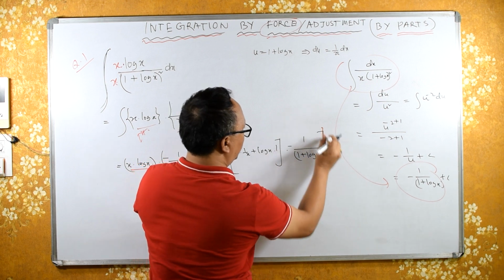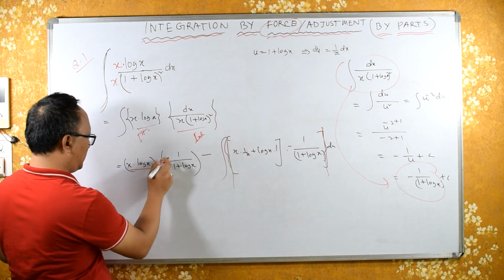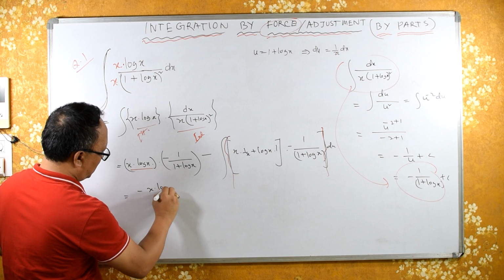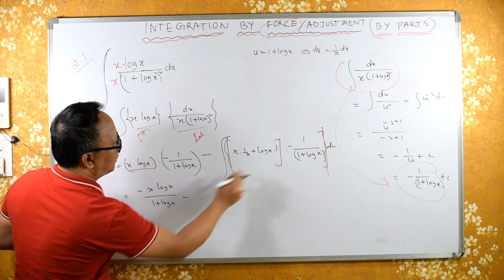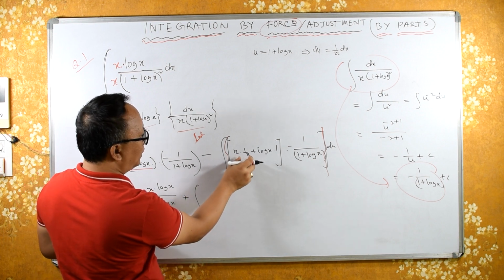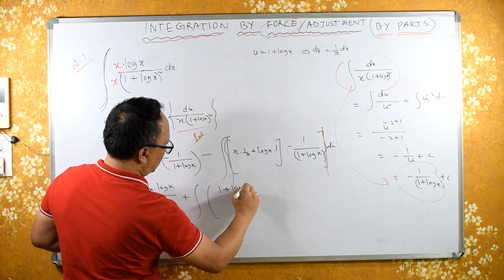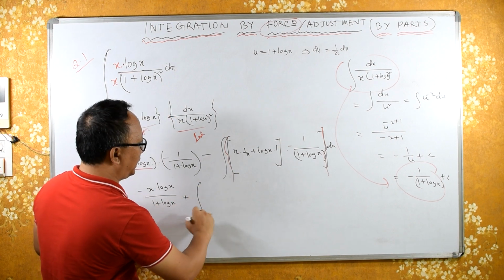I will keep a bracket over here. Here minus becomes plus, and this minus I will take outside. Here I can say minus x into log x upon 1 plus log x. Here minus plus, and 1 plus log x upon 1 plus log x in the integral cancels.